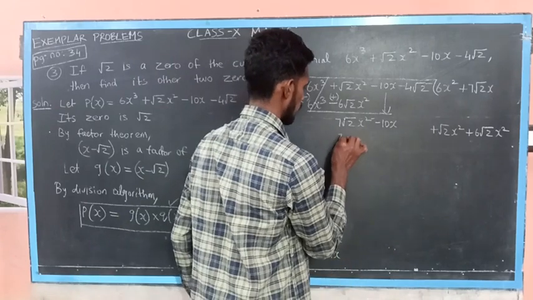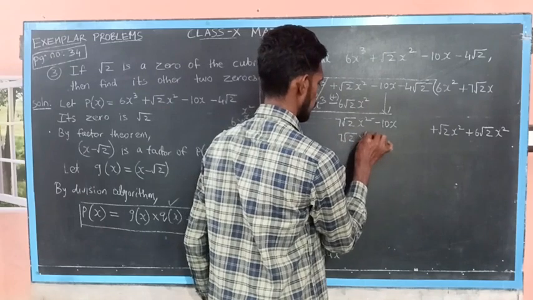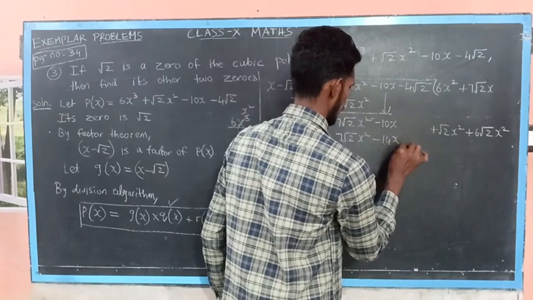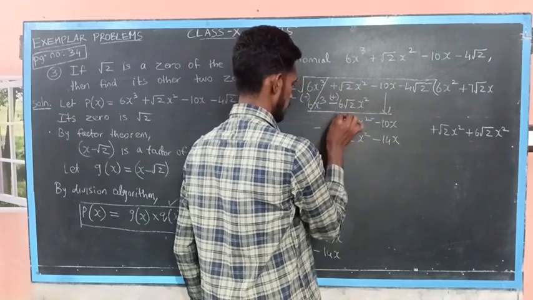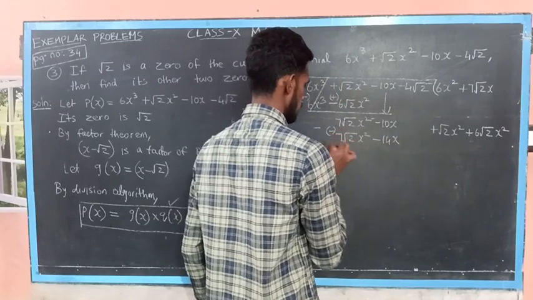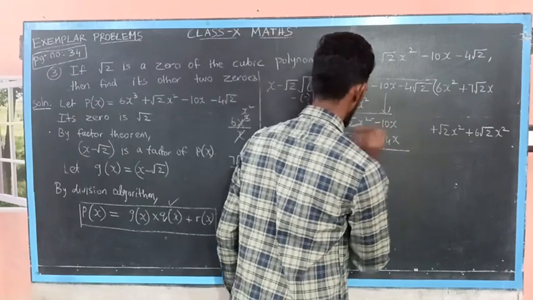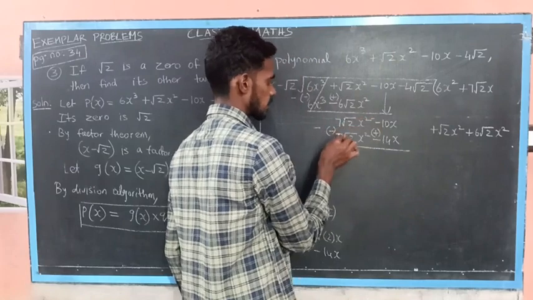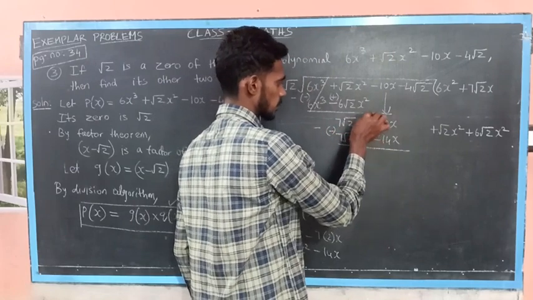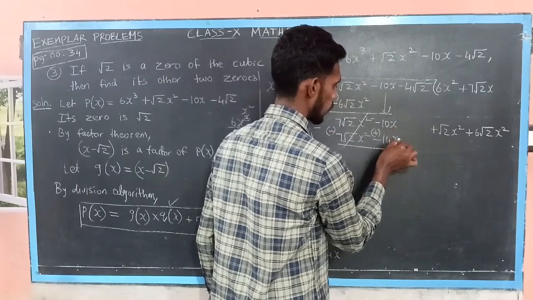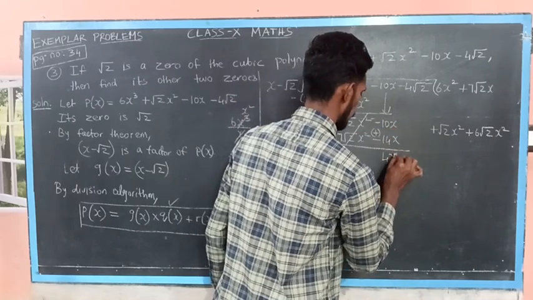7 root 2 x square minus 14x. Subtracting these two terms, change the signs. Then 7 root 2 x square minus 7 root 2 x square cancels, then minus 10x plus 14x becomes plus 4x.